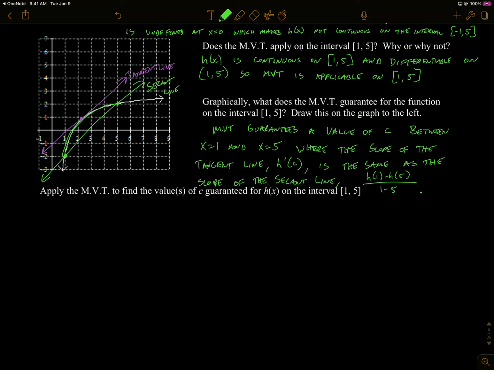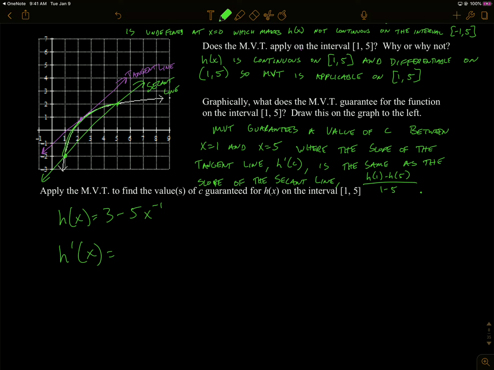So they want us to apply the mean value theorem to find the values of c guaranteed on that interval. So we had our h of x. They gave us the equation. So now we're actually finding what that value is. This really isn't the theorem. The theorem just says one exists. Now we're going to apply it to find out what it is.